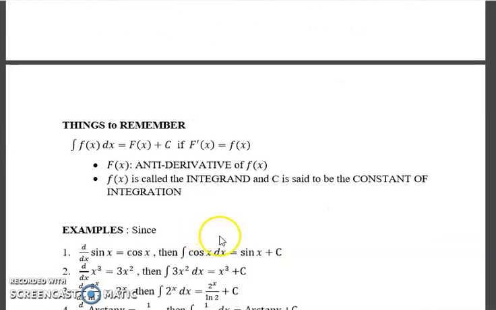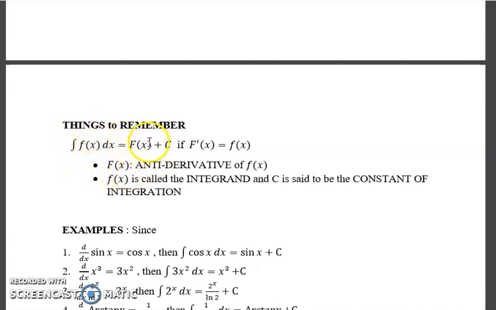So these are the things that we need to remember. The integral of small f with respect to x is capital F of x plus c, where c is an arbitrary constant, provided that the derivative of capital F is small f.